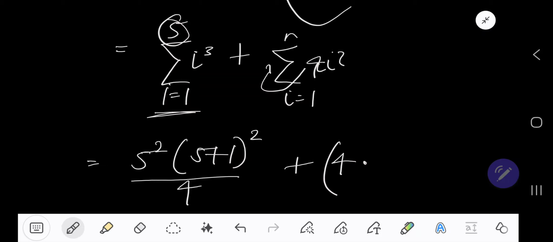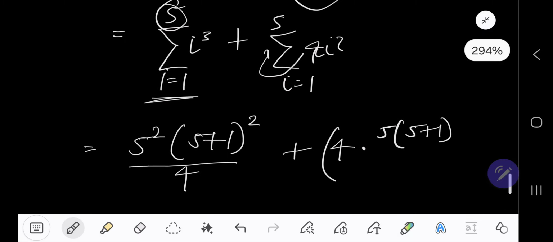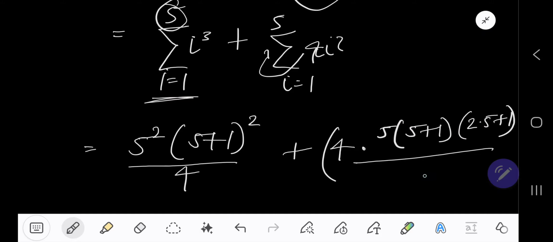What is the i squared formula? It is n times (n plus 1) times (2n plus 1), divided by 6. Here n is 5, so 5 times (5 plus 1) times (2 times 5 plus 1), divided by 6.